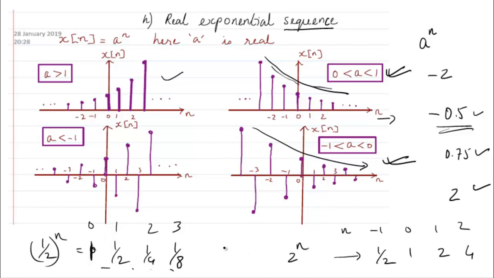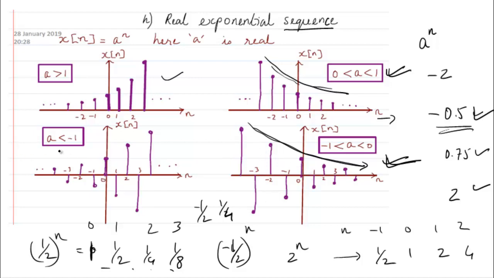If I have, let's say, minus 1 by 2 raised to power n, when n is equal to 1 it is minus 1 by 2, but when n is equal to 2 the negative becomes positive, so it becomes plus 1 by 4. So for the case where a is between 0 and minus 1, something like minus 0.5, you will again have decaying, but its values will alternate, positive and negative.